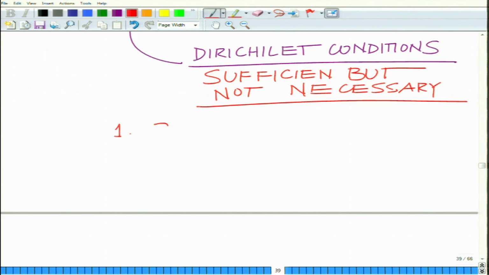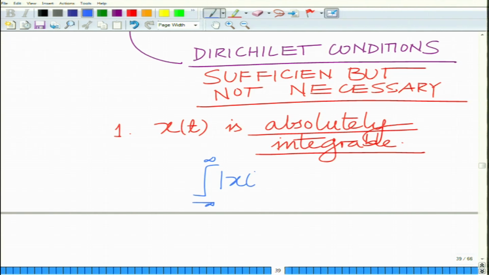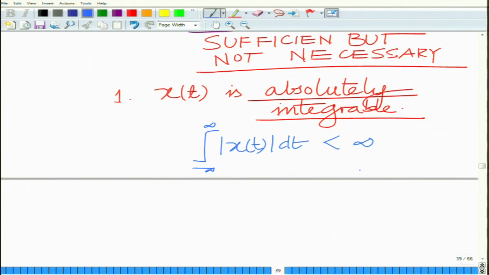One, x(t) is absolutely integrable, which implies that the integral from minus infinity to infinity of the magnitude of x(t) dt is less than infinity, which implies that this has to be a finite quantity.